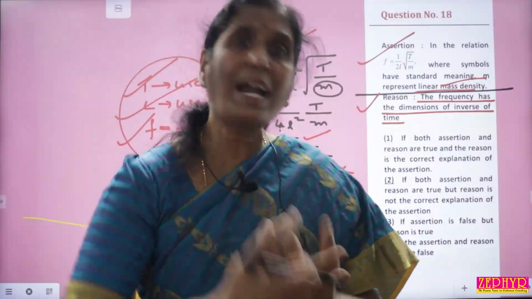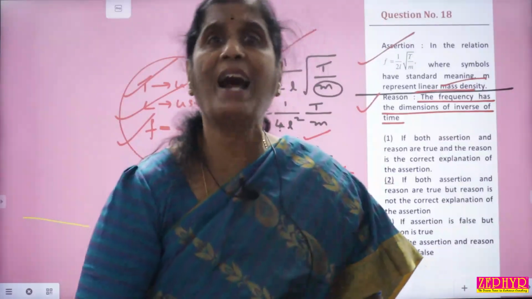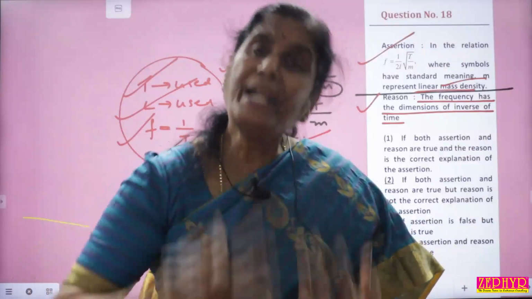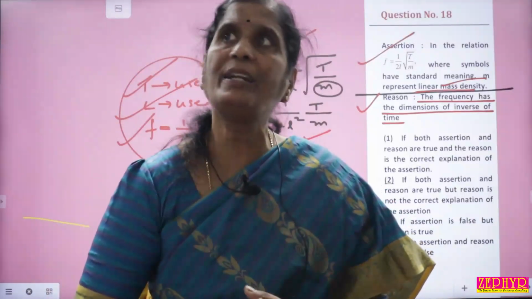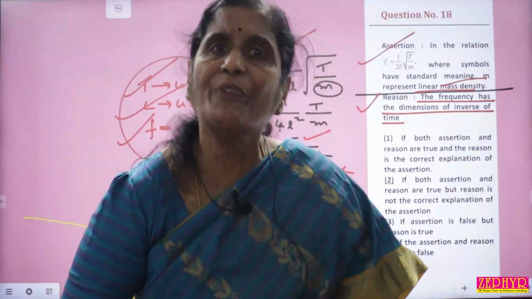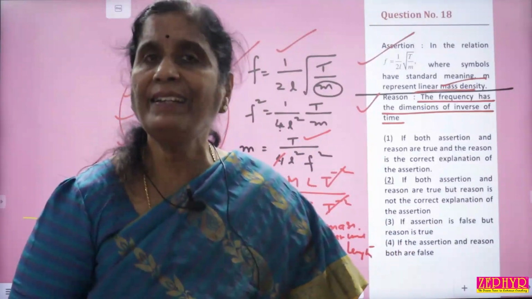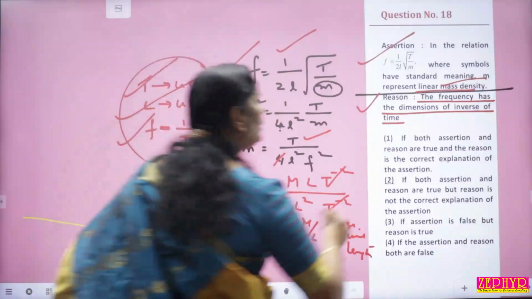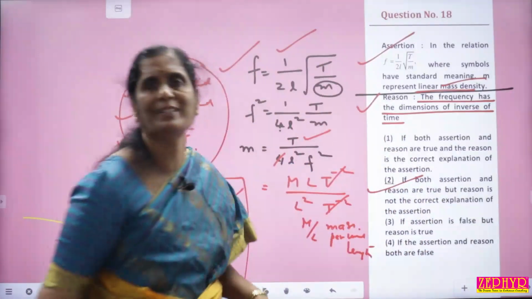So he has given only a partial answer, not the complete answer. The reason is not the correct complete explanation for A, so I have to put 2 only, not the first.